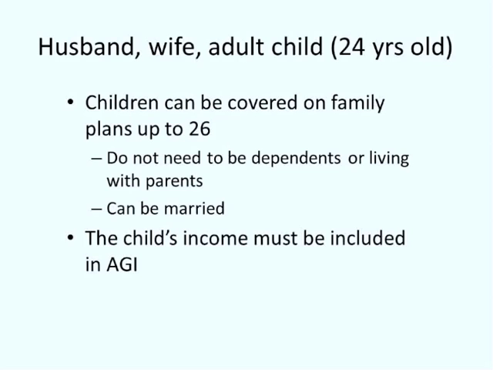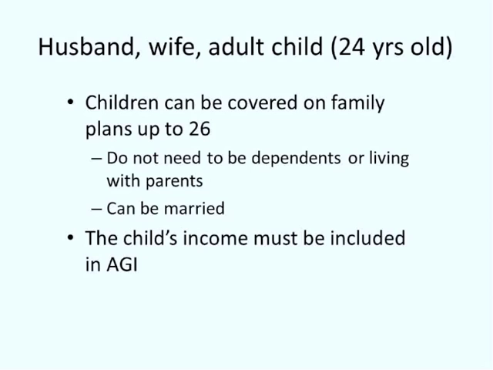So let's go to the next situation. Husband, wife, and an adult child. Now, the Greene County Ag Agent actually sent me a similar one to this, so there is a question out there on this one. But remember, children can be covered on the family plans up to the time that they're 26. They do not have to be tax dependents of the parents, and they don't have to be living with the parents.